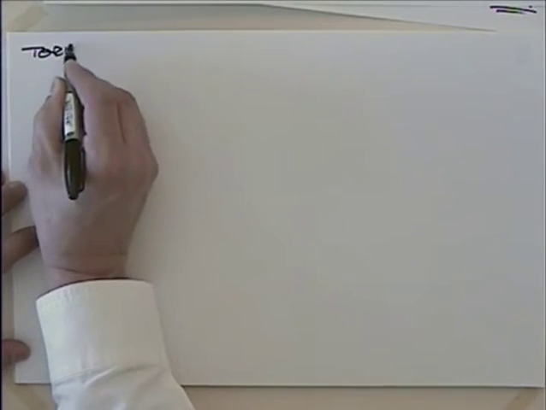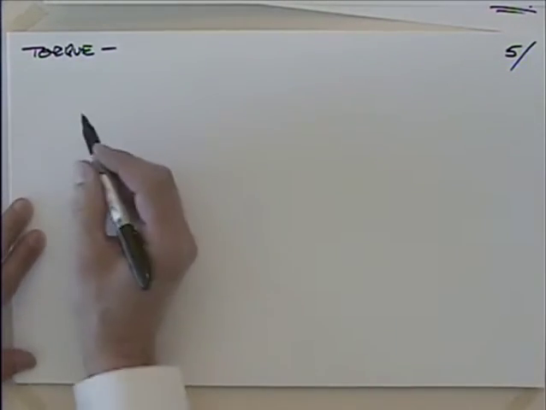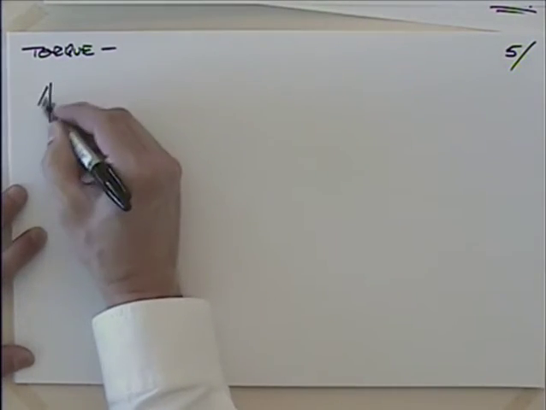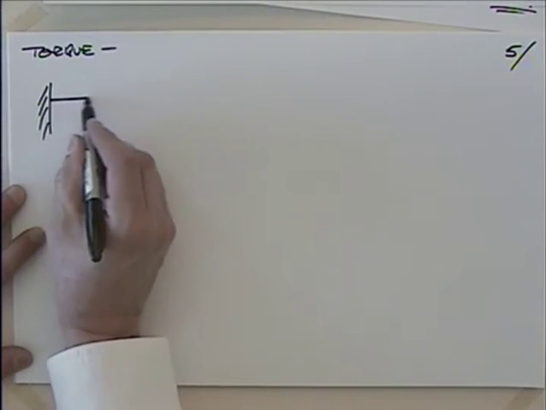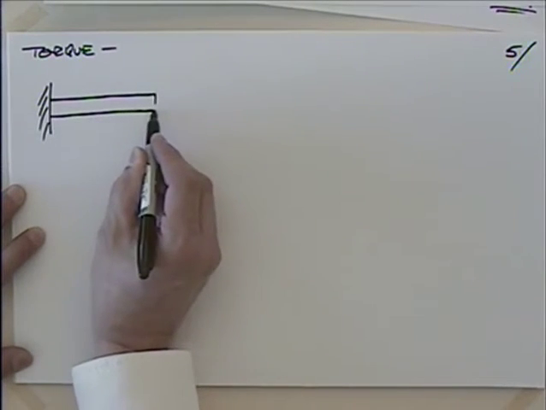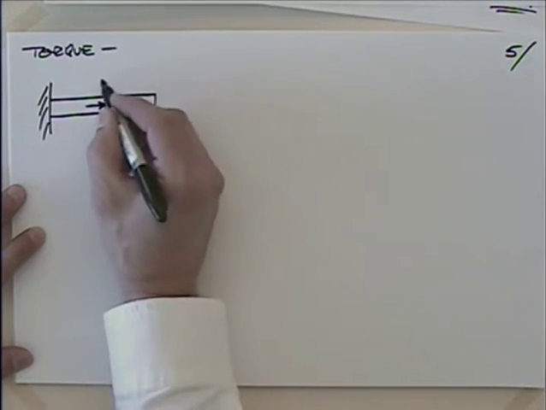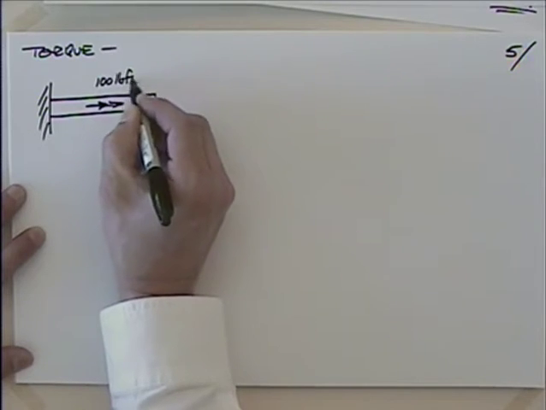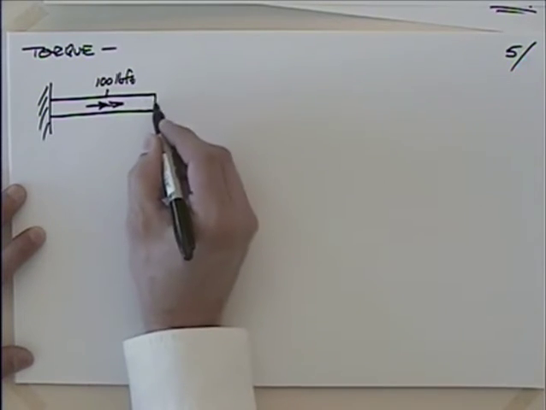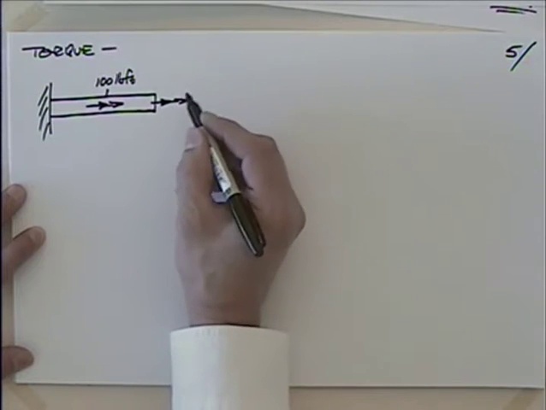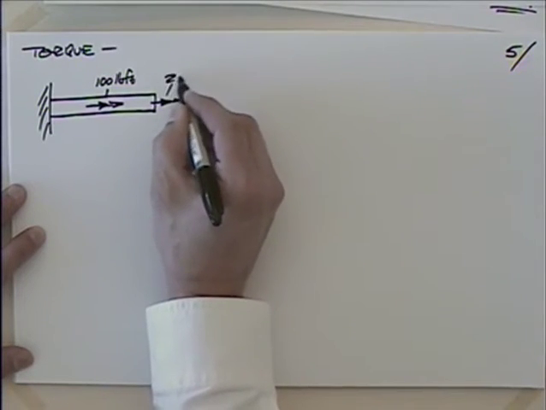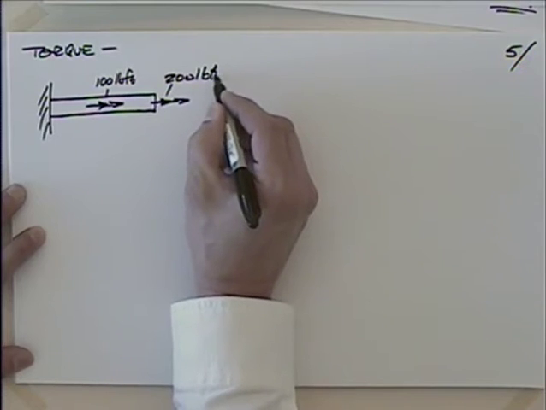So let's try a problem then. Let's say that we have some sort of a shaft coming out of a support, and I have applied a torque here of 100 pound-feet, and I've applied a torque to the end, representing it with the right-hand rule, of 200 pound-feet.